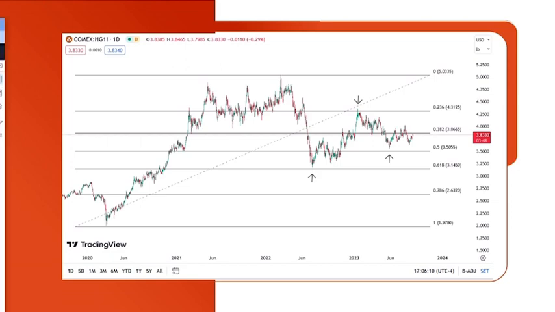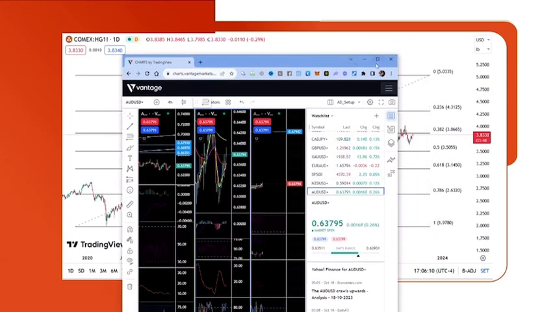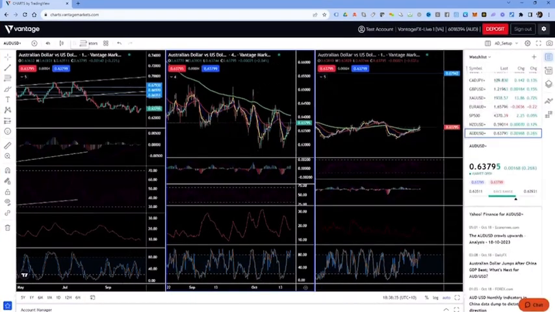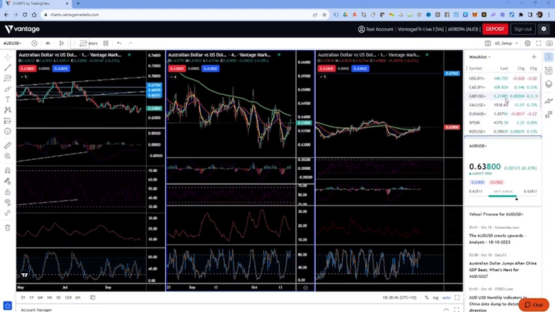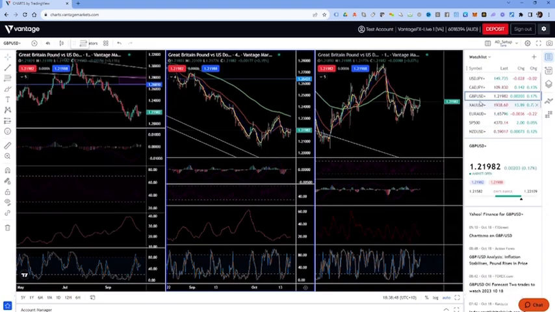Let me bring in our charts, and I'm just going to quickly bring in cable right here, and this is the daily chart, this is the 4 hour, and this is the 1 hour.